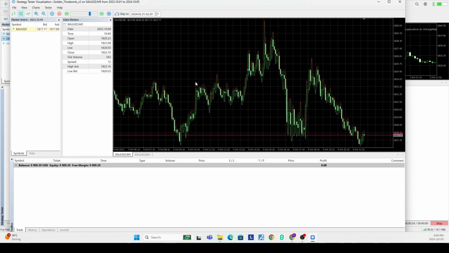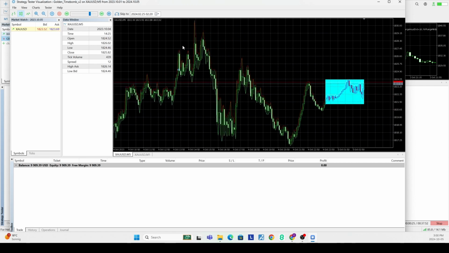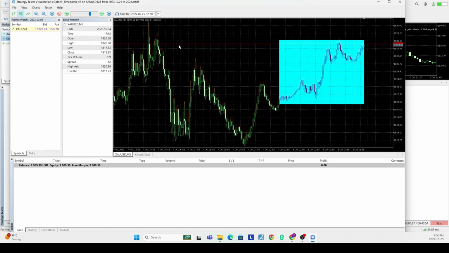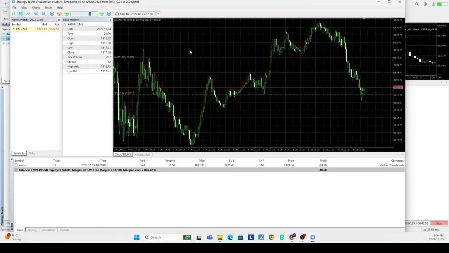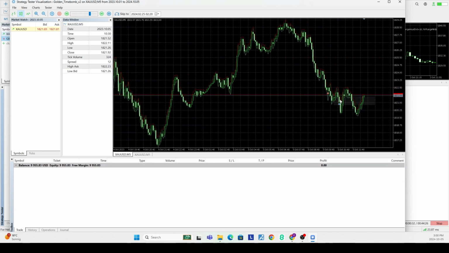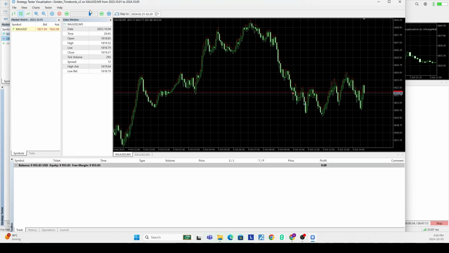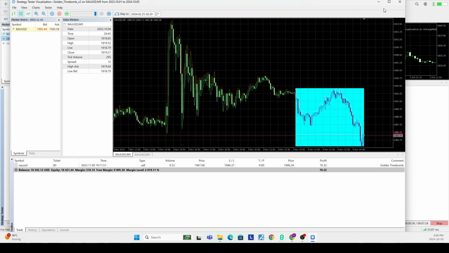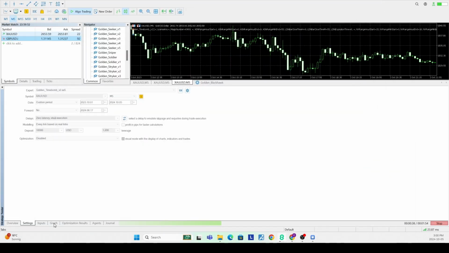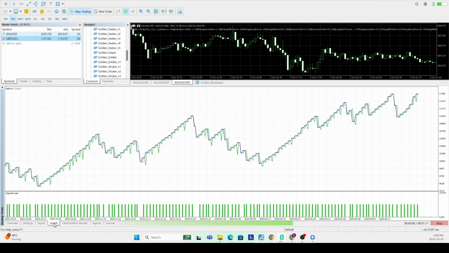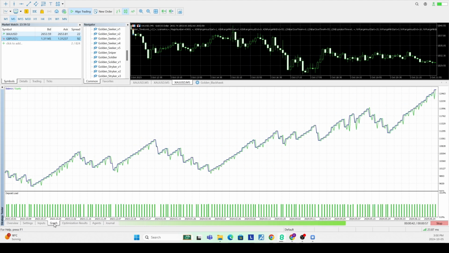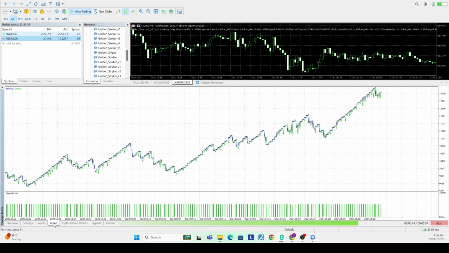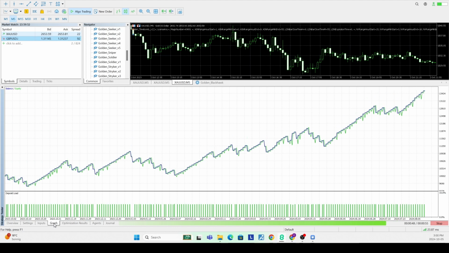MetaTrader is just sometimes a little bit laggy. Okay, we'll wait to see. And there we go. Here's an example of a profitable trade. So let's fast forward quickly and look at the equity curve graph as it runs. Okay, about to finish.